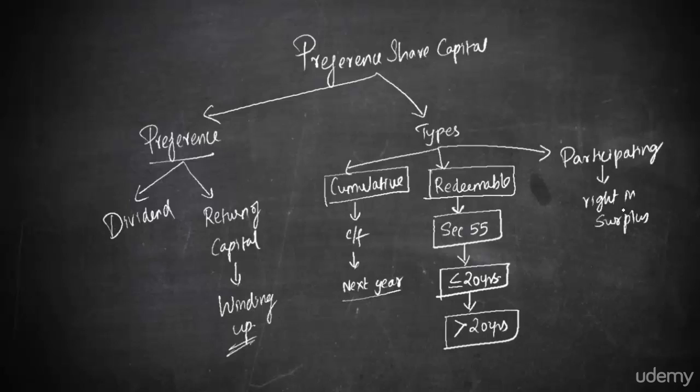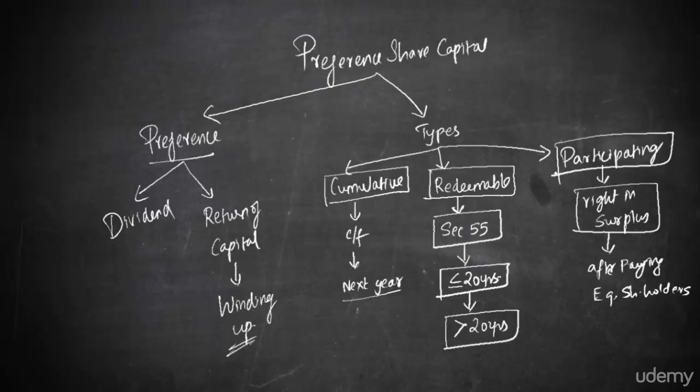After paying all these, if there is any surplus, that is, even after paying the equity shareholders, then people who are holding participating preference shares will have a right on that surplus. That's why we call this participating preference share.